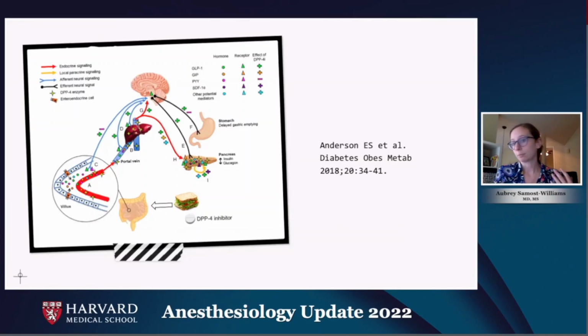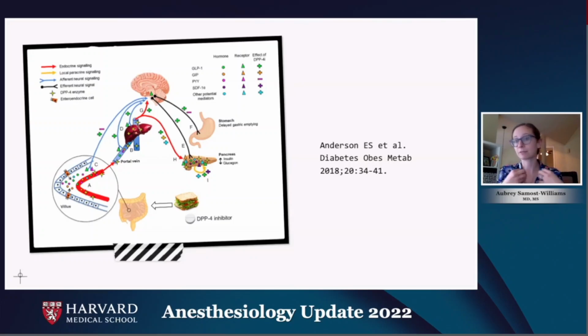So we can imagine that if we wanted to increase our activity of GLP-1, we could either inject some, as we're doing with the GLP-1 receptor agonist, or we could give you something that keeps it from getting broken down, which is what we're doing here with the DPP-4 inhibitors. So those are going to block those enzymes. It's going to increase endogenous, circulating levels of GLP-1.